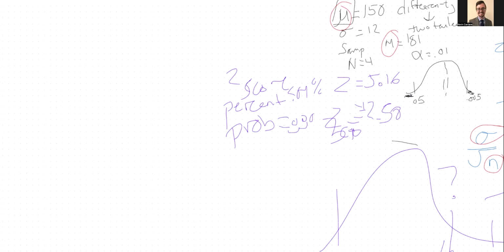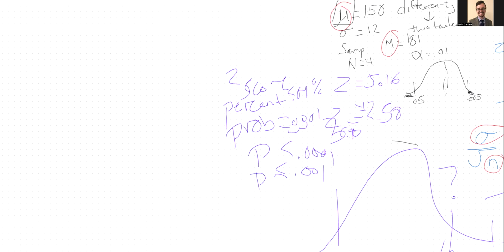So less than 0.0001, the p-value. But in psych, we round our p-values to 3 decimal places, not 4. And since we know it's definitely less than 4 decimal places, it's definitely still going to be less than 3. So p is less than 0.001.